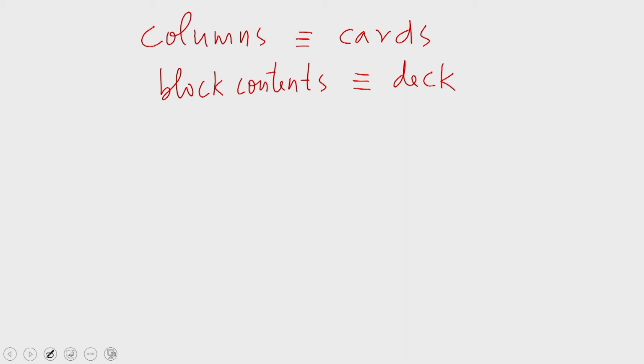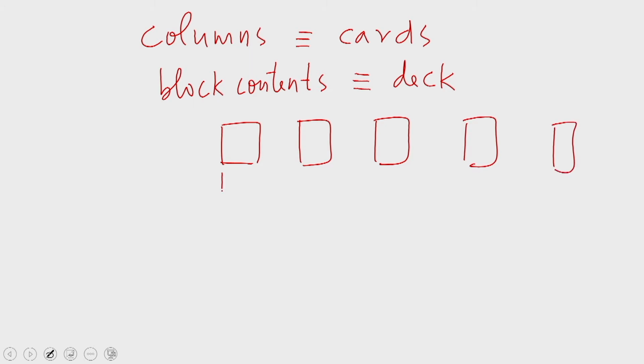We want to redistribute the columns in this fashion. We take the first block and then we distribute the columns to the blocks themselves. The first card goes here, the second card goes here, the third card goes here, and so on. But then the number of cards is n power 3 by 8, but there are only n power 1 by 8 blocks.